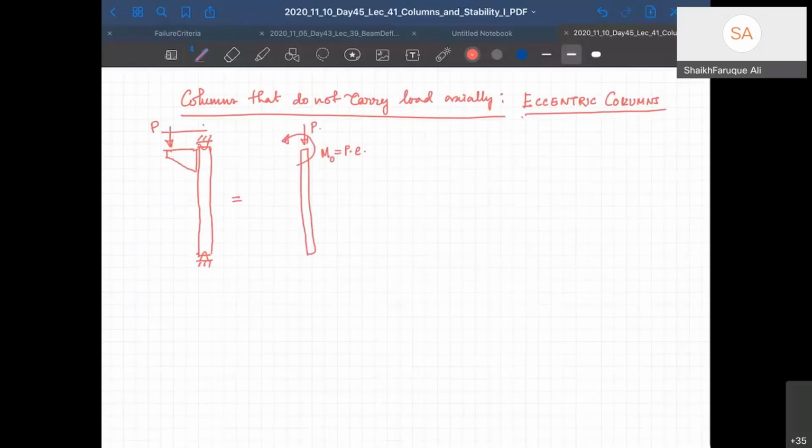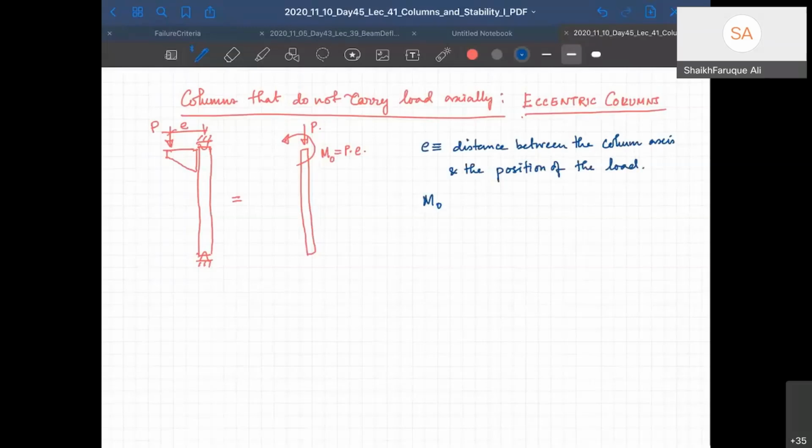And let's say this is load eccentricity E. So E is the distance between the column axis and the position of the load.